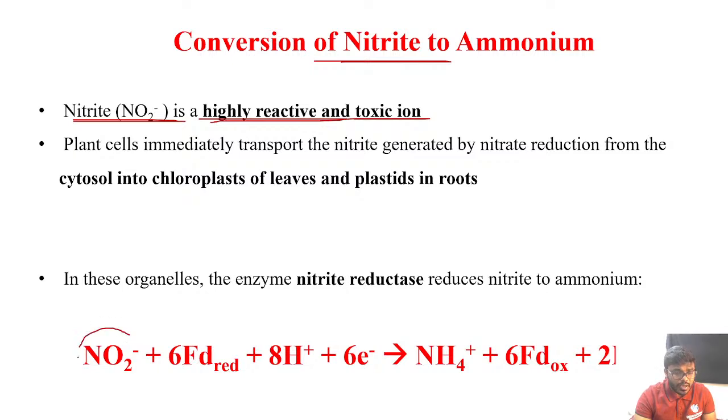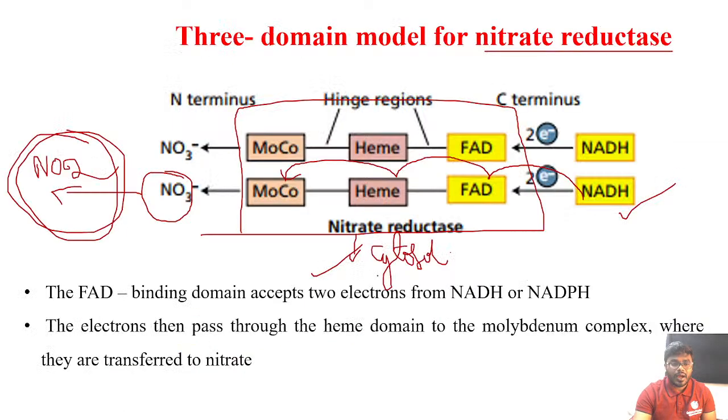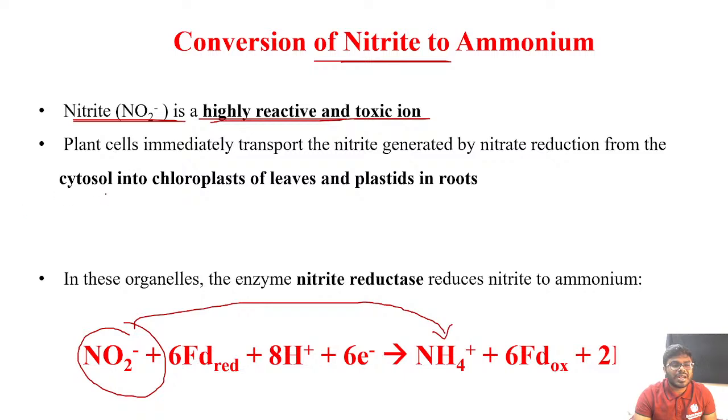Now what am I doing? I am converting NO2 to NH4. I hope all of you remember. Friends, this particular NO2 is produced in the cytosol. Now this NO2 will be transported from the cytosol. Where is it going, friends?